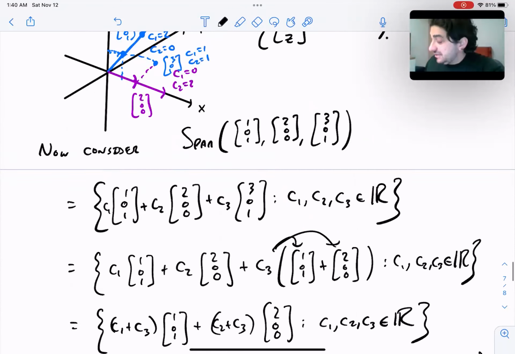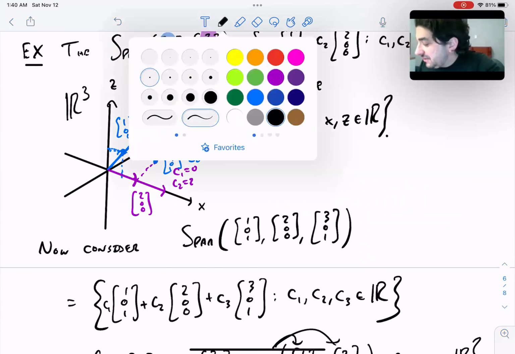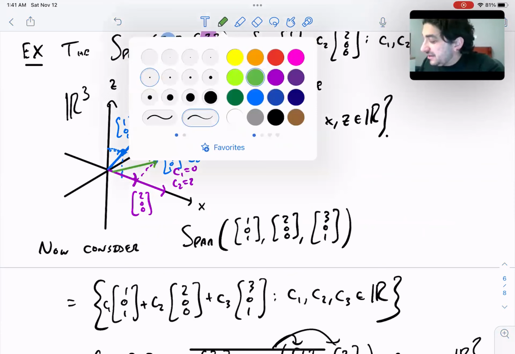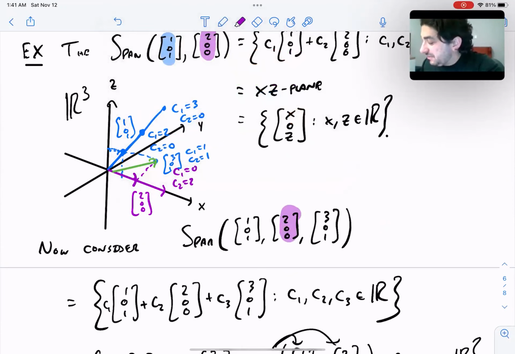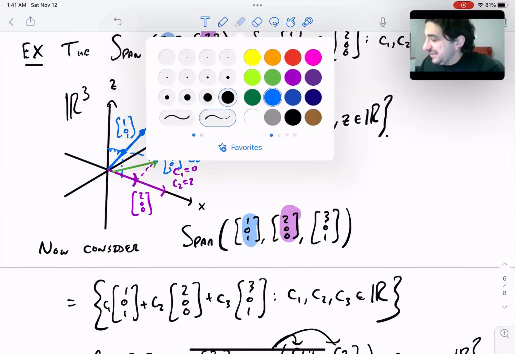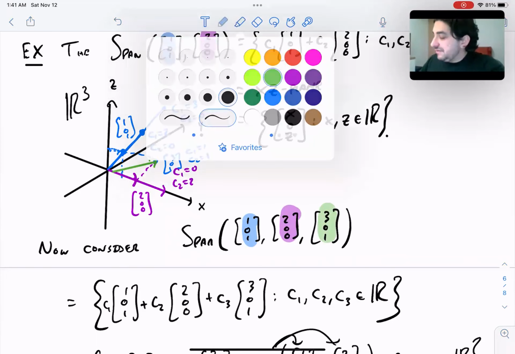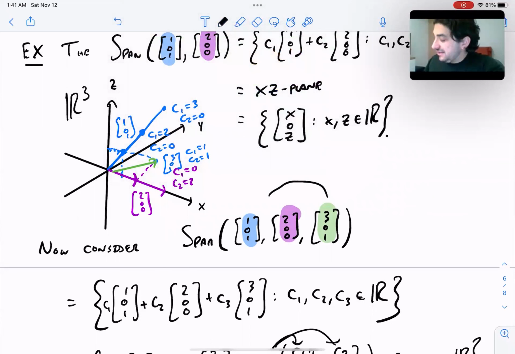Geometrically, how can you think of it? Well, we added in this third vector. We had the purple vector, we had the blue vector, and now this green vector, when we added that in, was already contained in the plane that the first two generated.